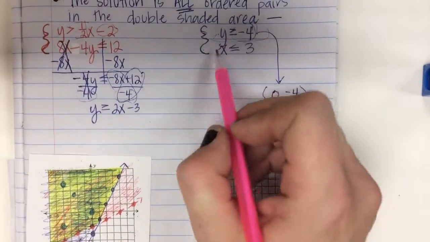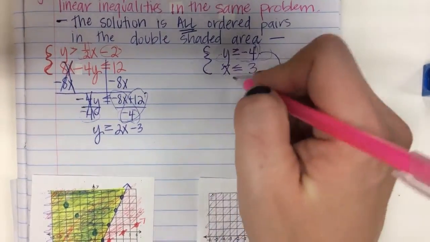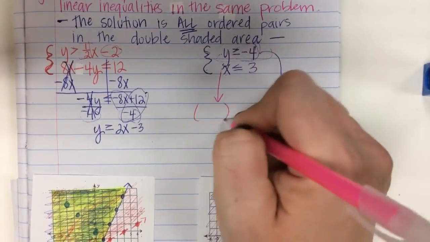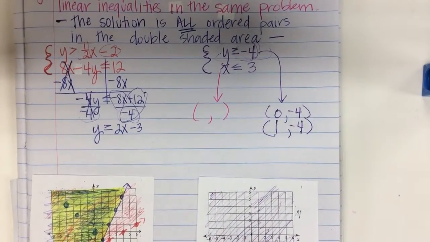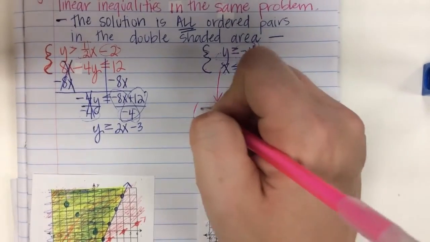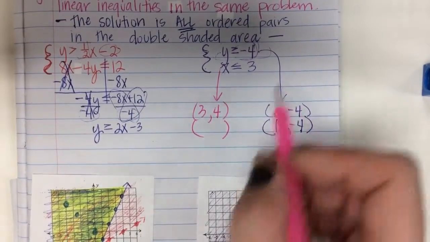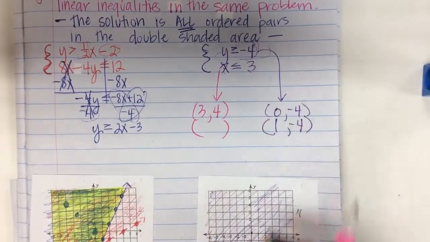All right, this next one, again, doesn't have a y and an x. It just has an x. So this problem, can you tell me an ordered pair where the x value is 3? Sam? 3, 4. Can you give me another ordered pair where the x value is 3?